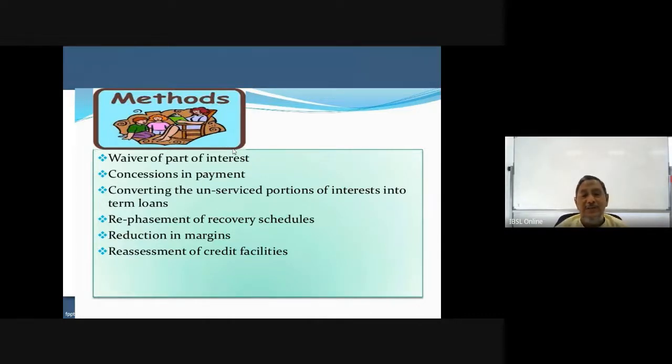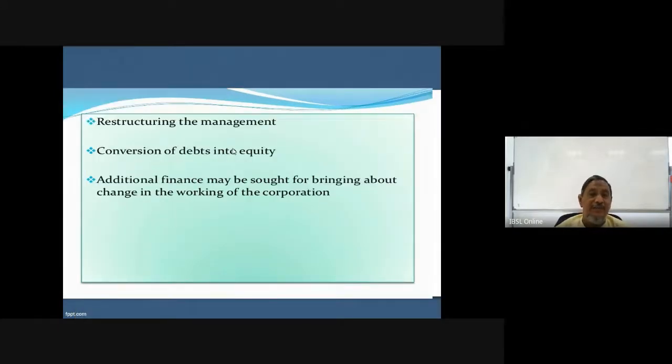Therefore, always consider, when asked for a reduction of interest rate or margin, whether it is within your cost of funds and can be managed, and it is our break-even level. Going below that means we are losing on the business. Okay, so these are the methods of restructuring.